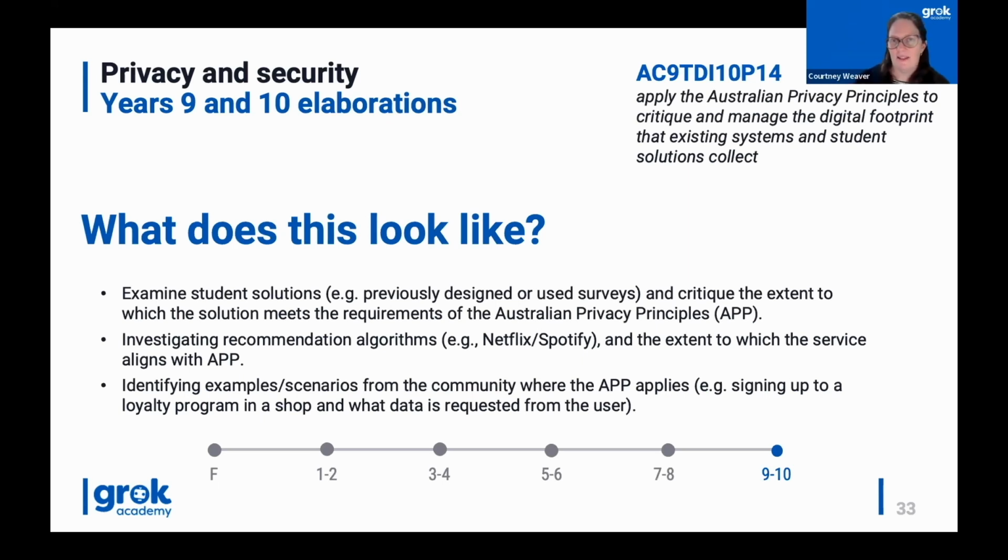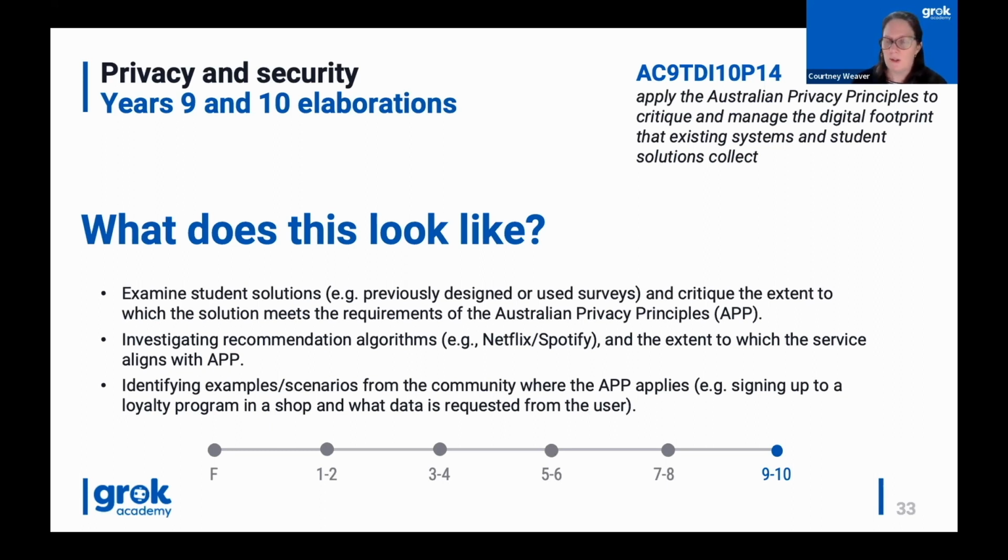So if we take a look at the privacy focused content description, one of the things that we could do is to look at the Australian privacy principles and then evaluate the solutions that the students are building themselves as to whether or not they are meeting those requirements. We can also look at the recommendation algorithms that are used by the services that students use themselves, such as Netflix, Spotify, Amazon books, and things like that.